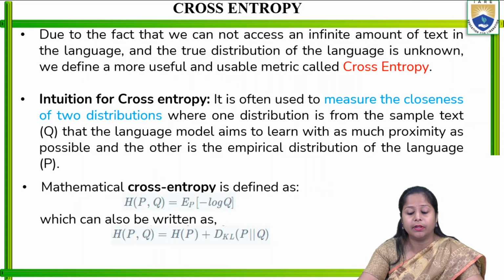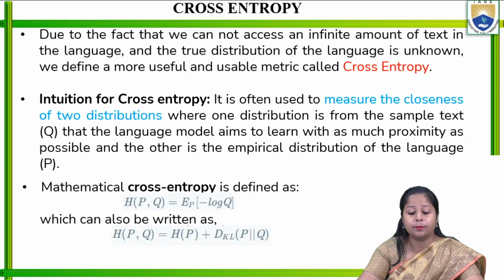The word cross entropy came up in the last slide. We can't access an infinite amount of text in the language, and the true distribution of the language is unknown. In that case we define a more useful and usable metric called cross entropy, which calculates how close the two are.